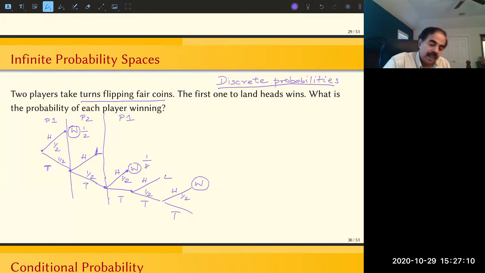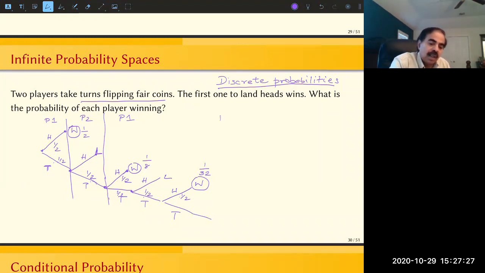And once again, 1/2, 1/2, so this is 1/32, and so on, right? So you can see a pattern emerging.